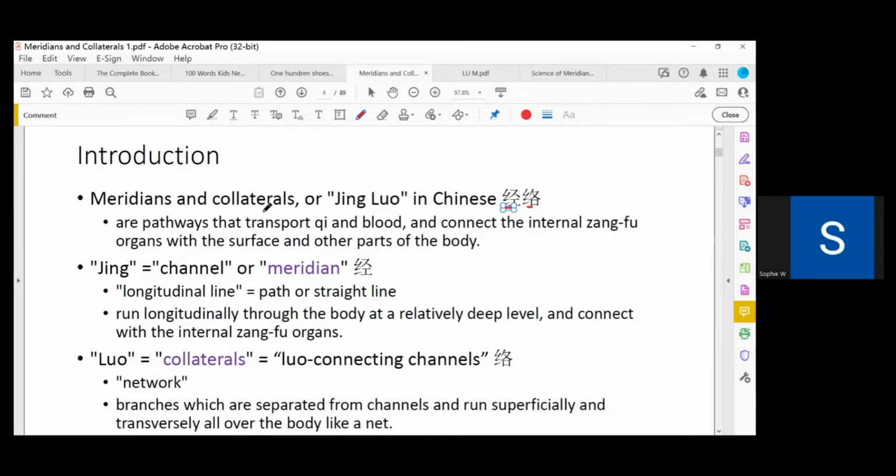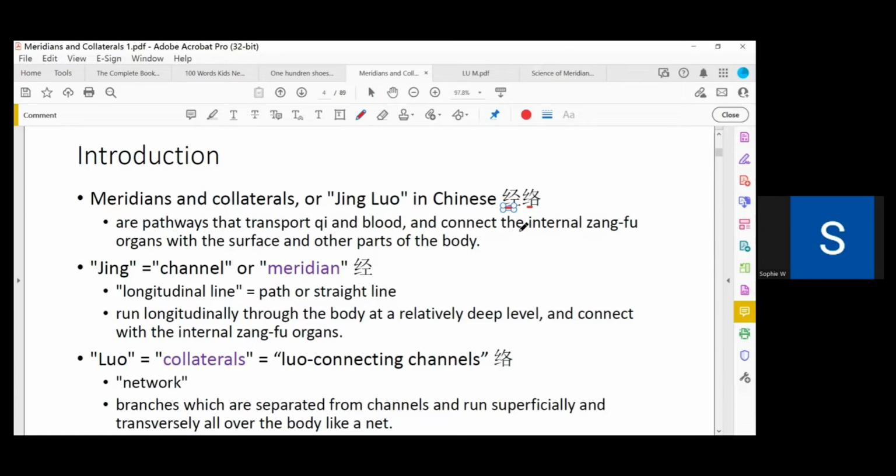Qi and blood circulate in the meridians and collaterals, and these lines connect the internal organs, so the qi and blood can circulate to the organs.